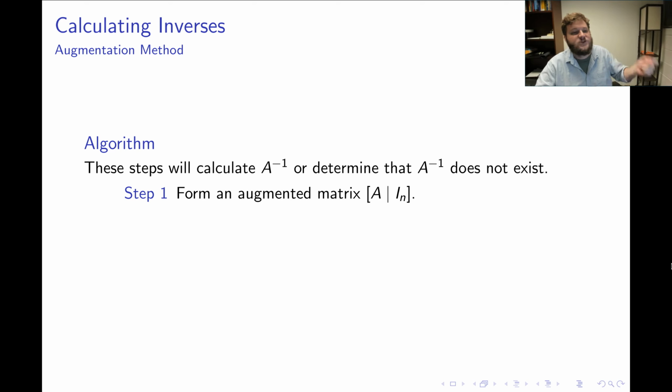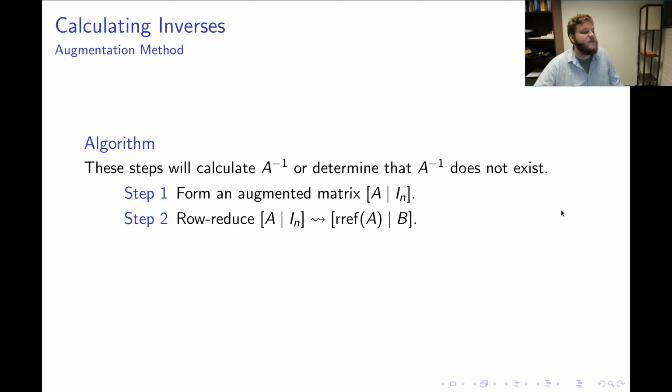And we can solve that matrix system by forming an augmented matrix, not just augmenting the matrix A with a vector, but augmenting with the entire n by n identity matrix. The next thing we do is we row reduce that big augmented matrix, until we reach the reduced row echelon form of A on the left in our augmentation.